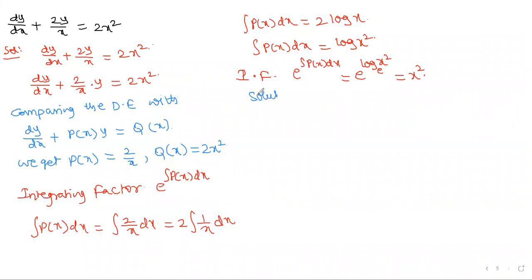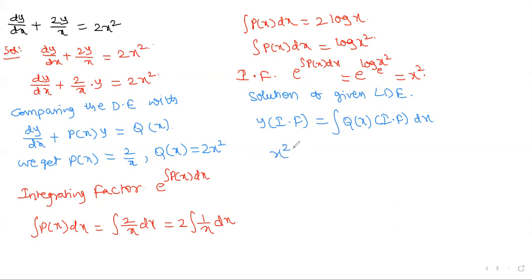Now the solution of the given linear differential equation, LDE, is y into IF is equal to integral q of x into IF dx. So y into x square, that is x square y, is equal to integral 2x square into x square dx.